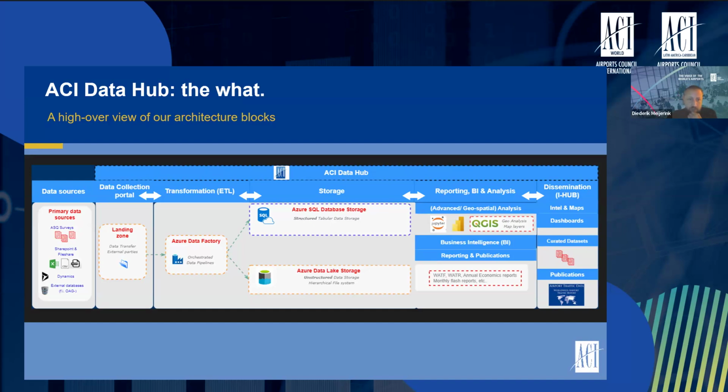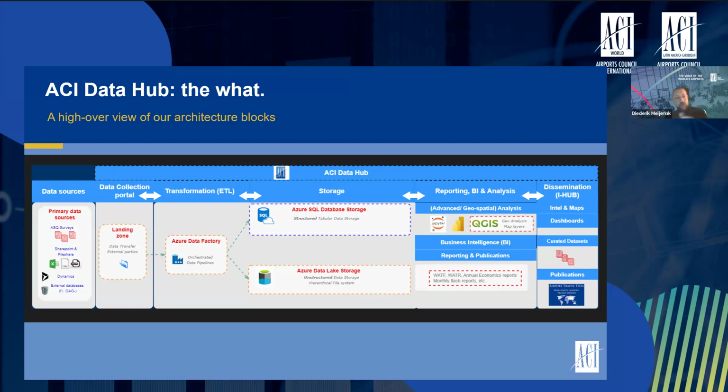So here you see, for example, the transformation, ETL, which stands for extract, transform, and load. We're building so-called pipelines to automatically ingest and validate and store data in our database without any manual intervention. And this is a game changer because it will allow our analysts and the team to do more interesting stuff and build new data products for our members.